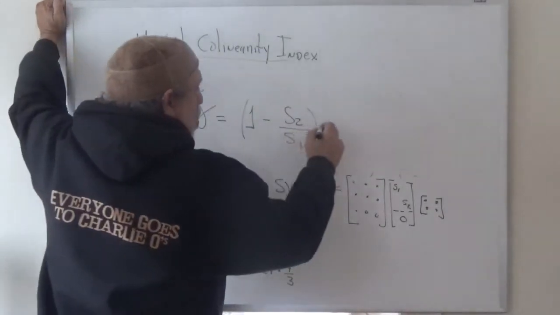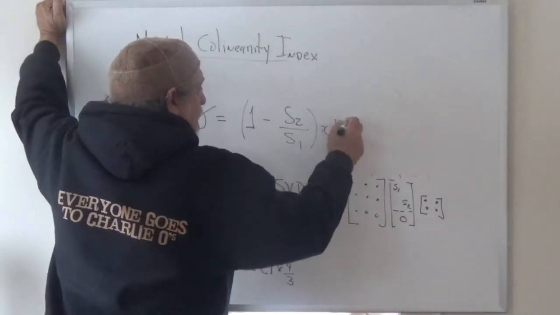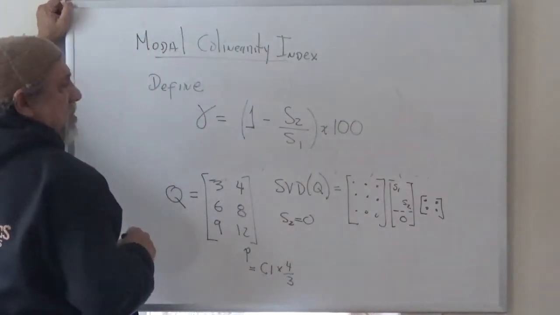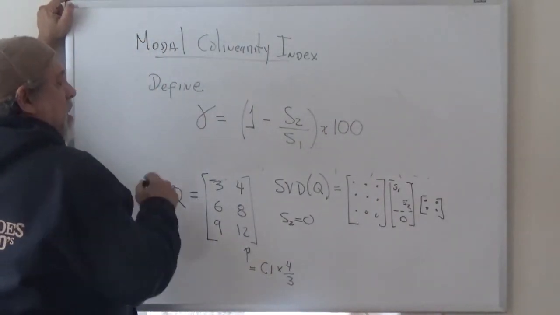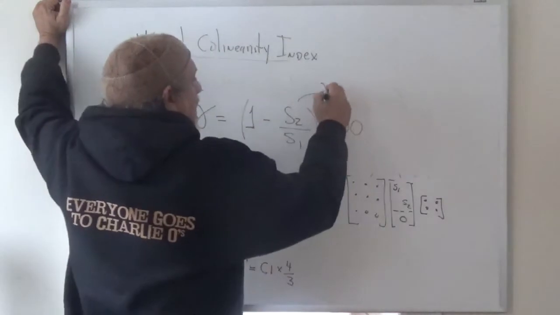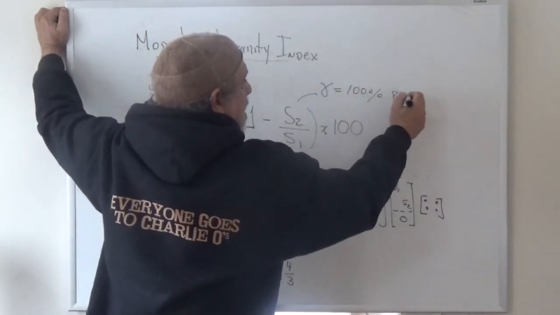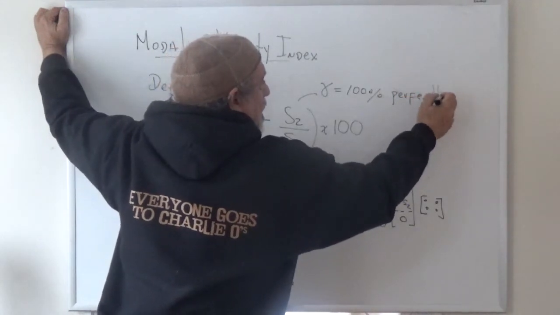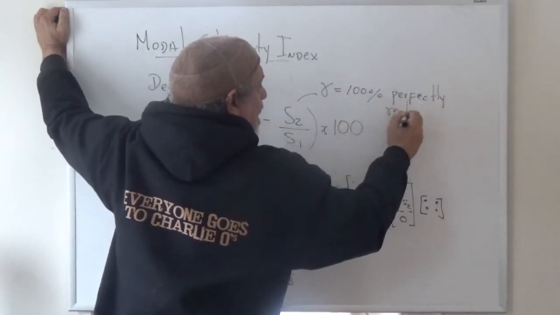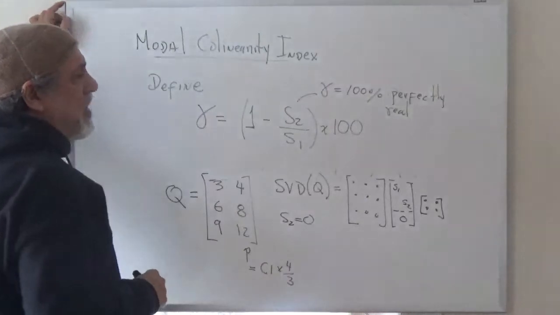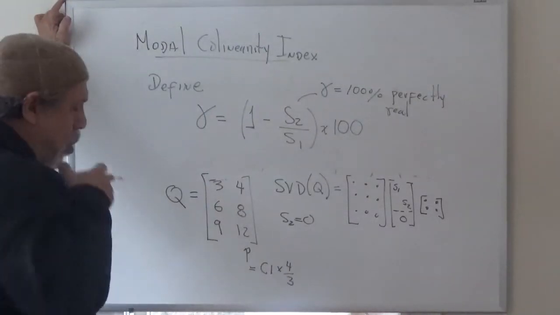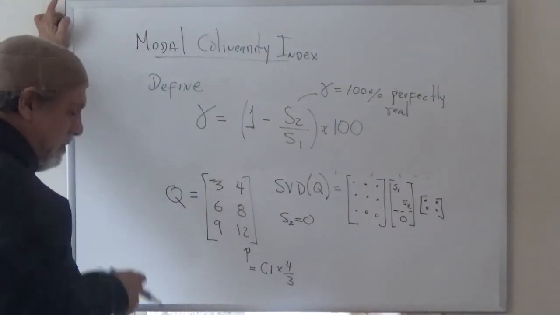Now, to go along with what's done in practice, people like to multiply this by 100 and talk in percent. So we would say that gamma equals 100% means perfectly real. And as gamma goes down, then there is more and more complexity that cannot be removed.